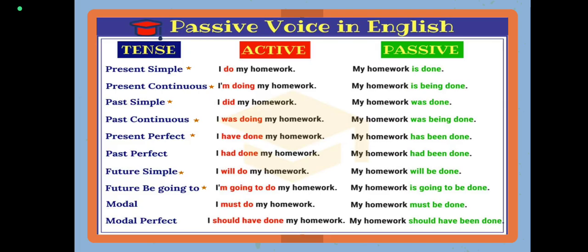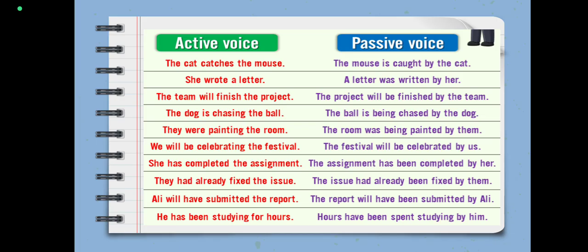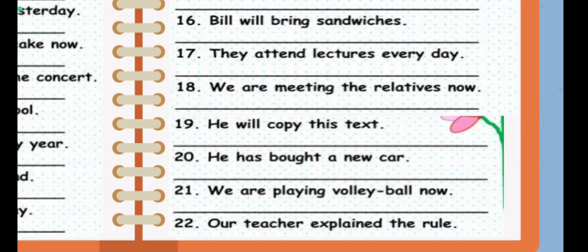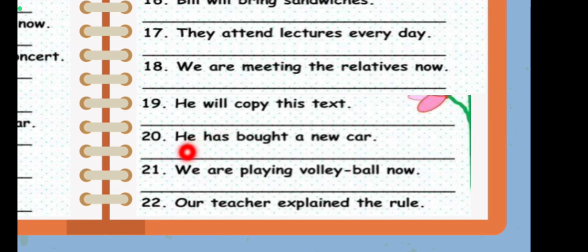Remember, present perfect here: have, has, bought becomes has been bought. Don't forget the been. A new car has been bought by him. You got that?